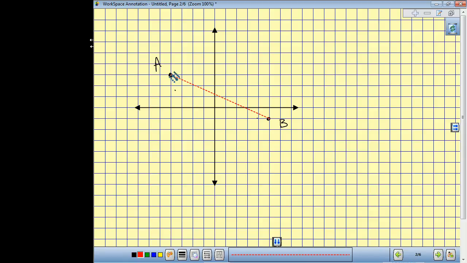Okay? And all we would have to do is draw it down here and draw it over here. And you see we've created a right triangle where we could have a squared plus b squared equals c squared.